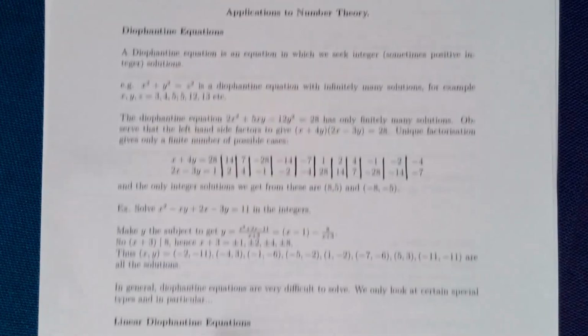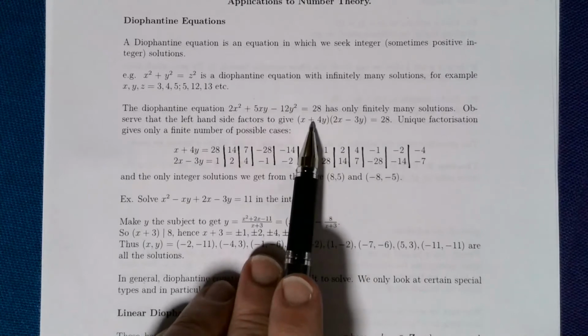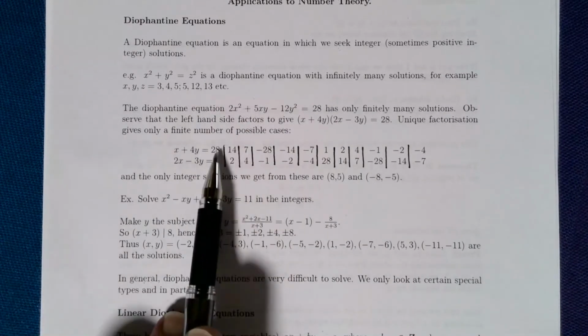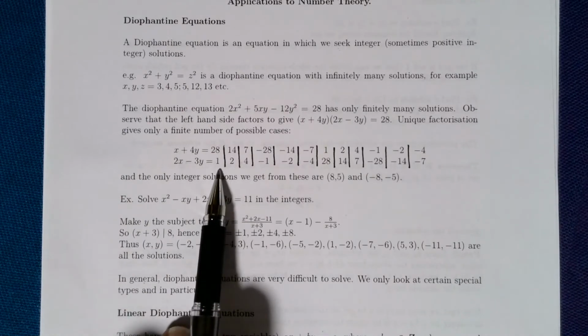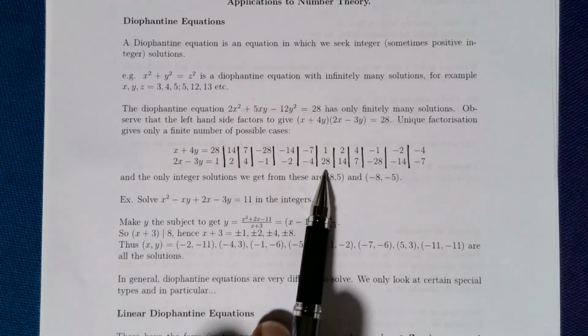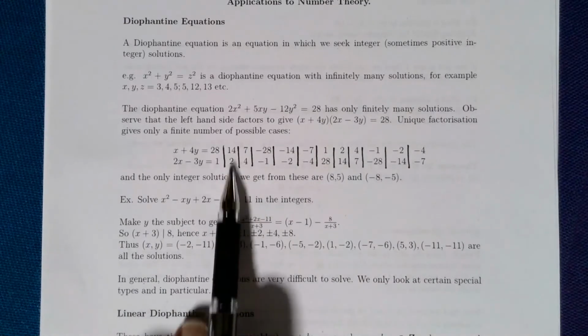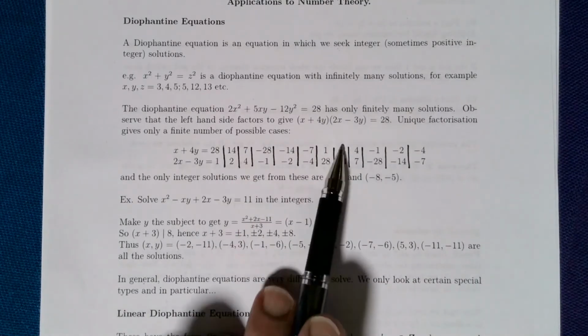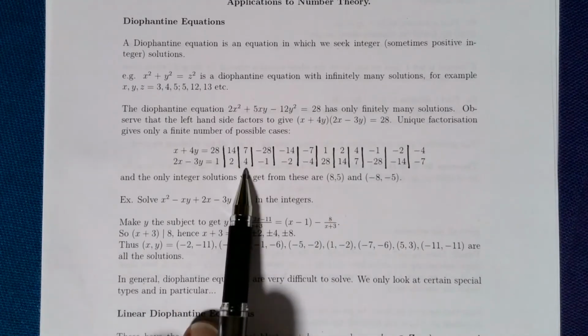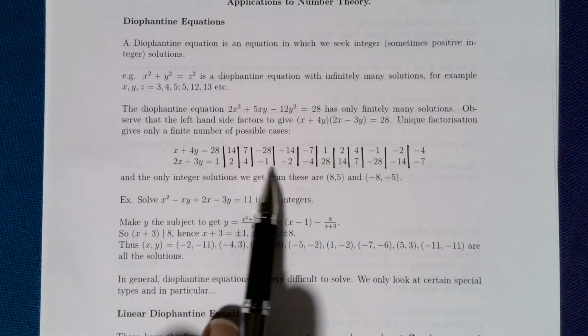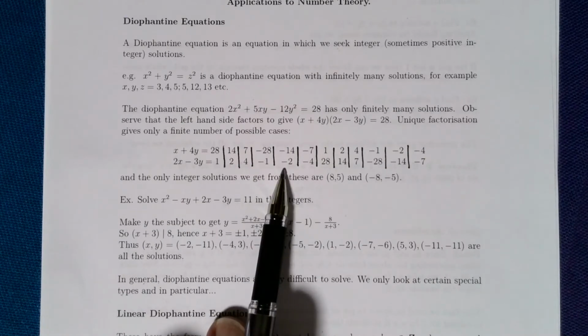There's the first number and the second number, so we could have 28 times 1, or the other way around, 1 times 28, or 14 times 2, or 2 times 14, or 7 times 4, or 4 times 7. We could have all the negatives of these as well, because we're interested in integer solutions.